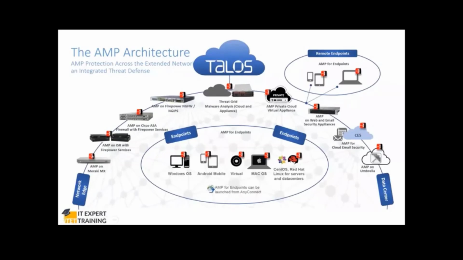Other than that, you have different network devices, firewalls, and web and email security appliances, all the platforms in Cisco. Now they have introduced AMP features built in with the services.